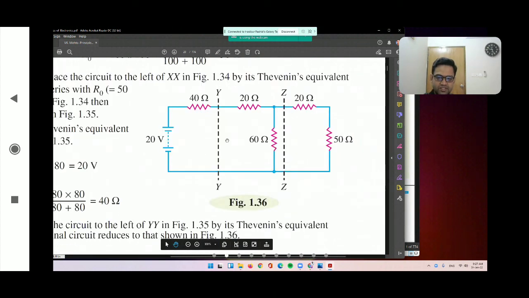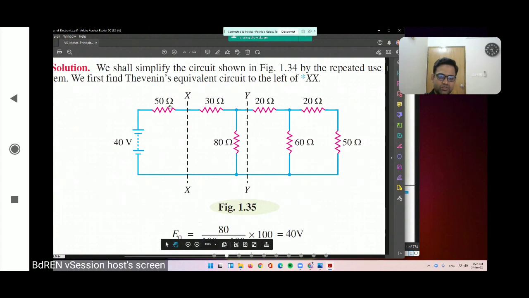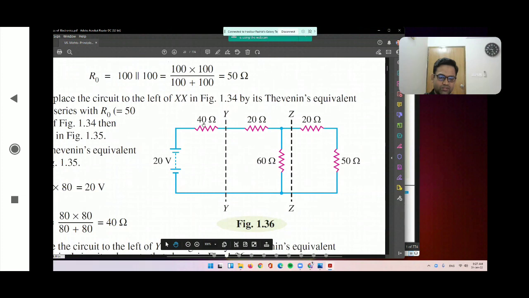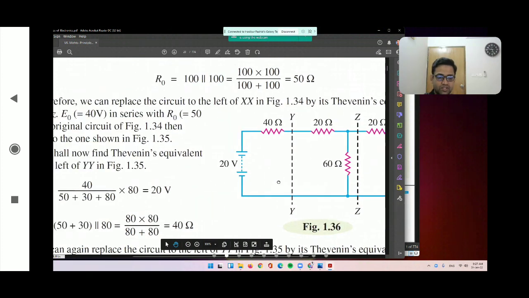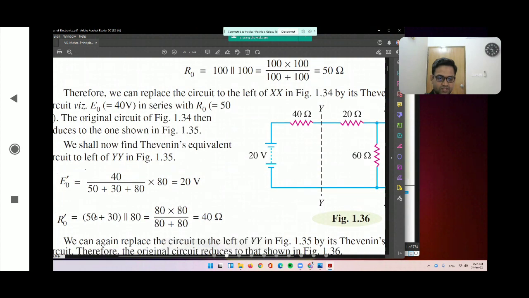Look at the left and right side of the Y. Now it is reduced on the left side. On the left side of the Y, we have 1, 2, 3 resistances. Now after doing this, we have only 1 E0 and R0, like this, E0 prime and R0 prime.